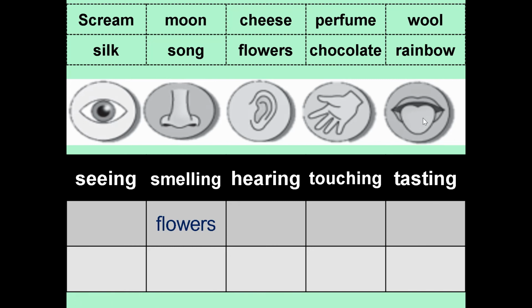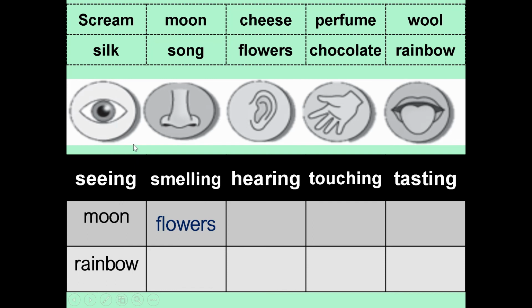Try to choose. Okay, let's imagine that you are with me and I'll ask you now. We use our eyes for seeing what? Let's guess. Okay, let's see. We use our eyes for seeing the moon, for example. What's the other thing?